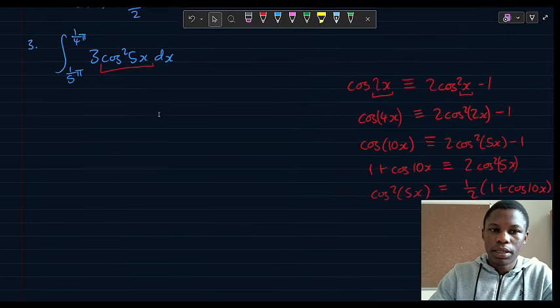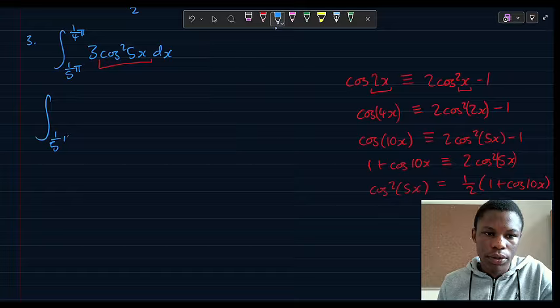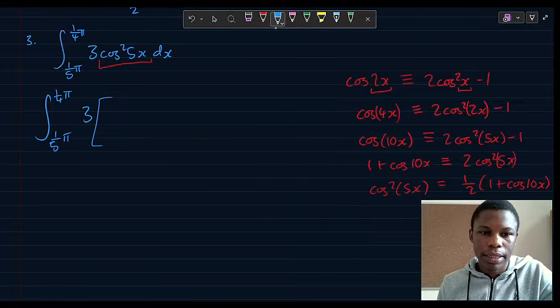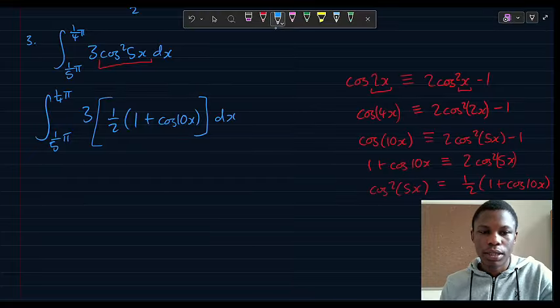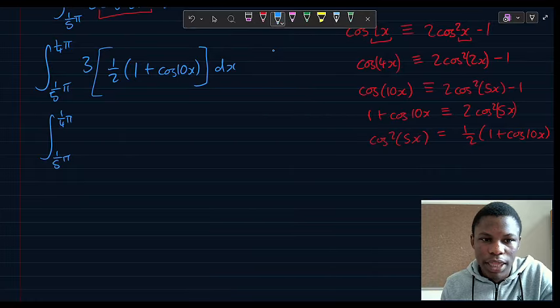And so what that means is I can come back here and say that instead of trying to integrate the cos squared 5x, I can integrate instead half of (1 plus cos 10x). And this is all with respect to x. So I can write this as the integral from 1/5 pi to 1/4 pi of 3/2.